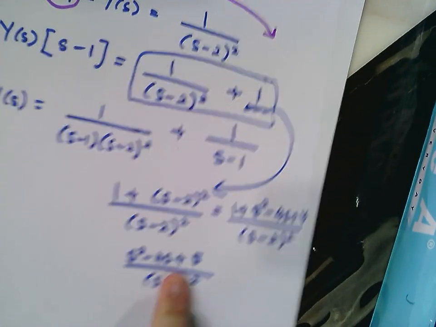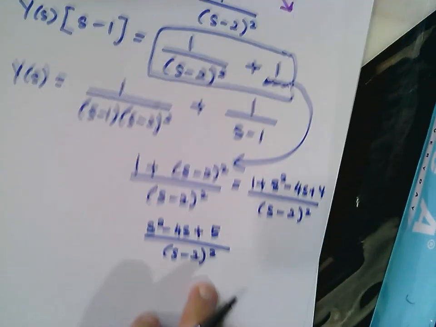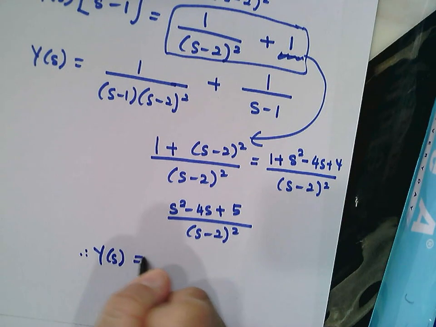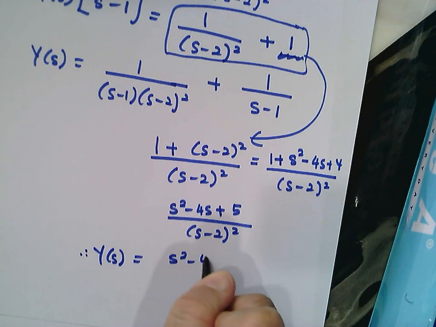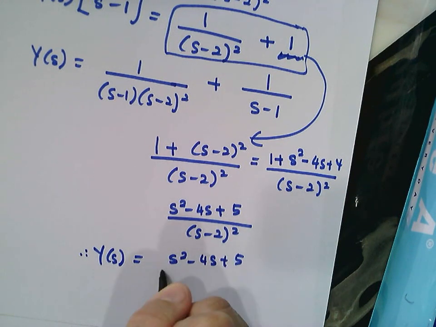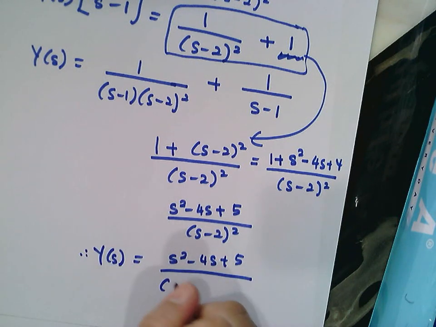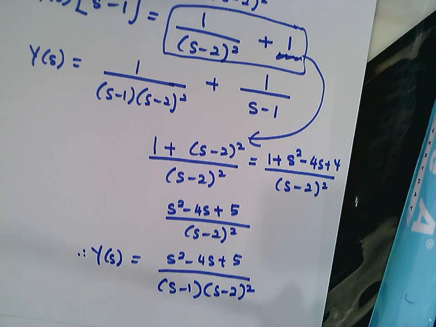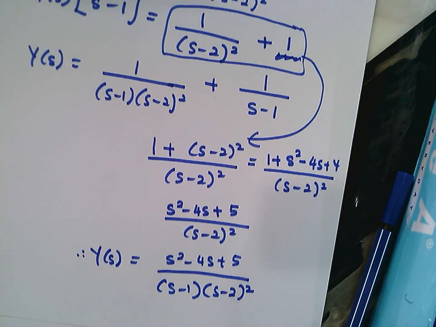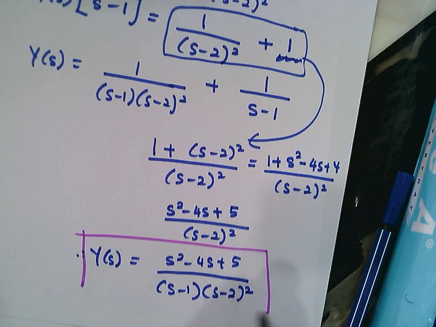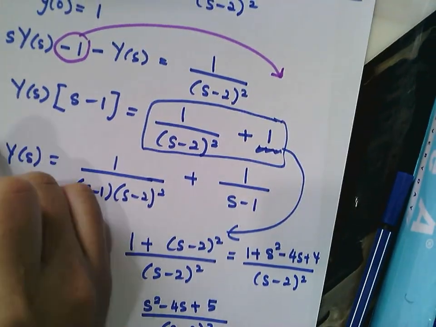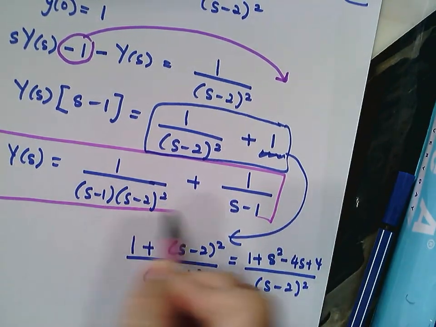Okay, so therefore if you want to use this one, your Y(s) is equal to (s squared minus 4s plus 5) over (s minus 1)(s minus 2) squared. So you can choose either this one as your Y(s) or this one as your Y(s). It's up to you.